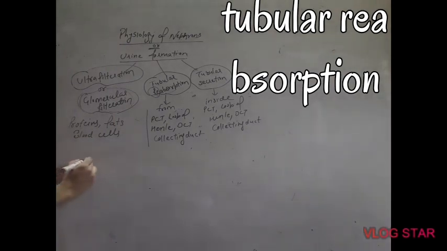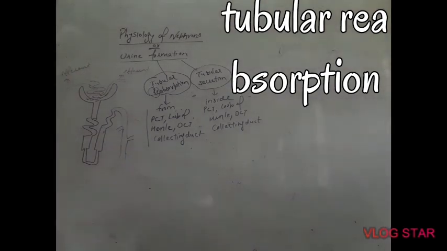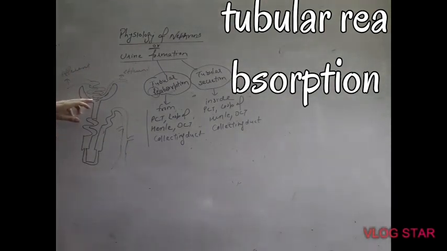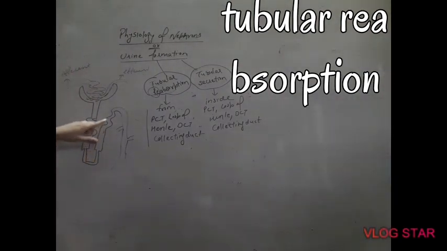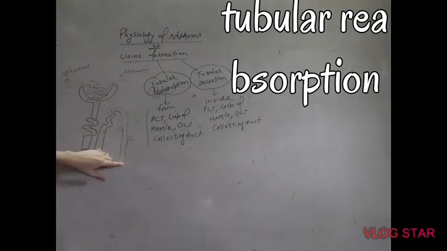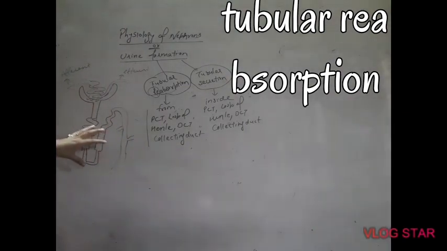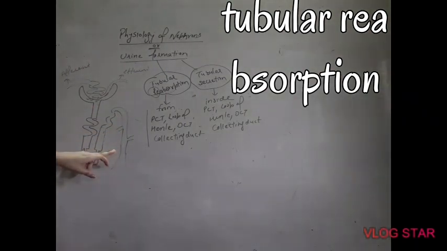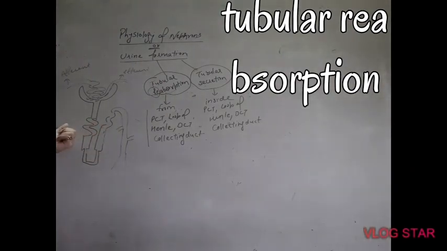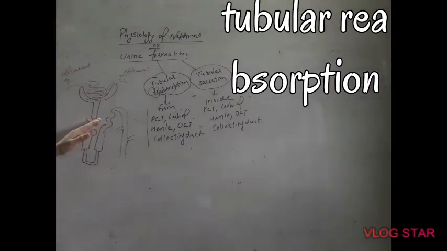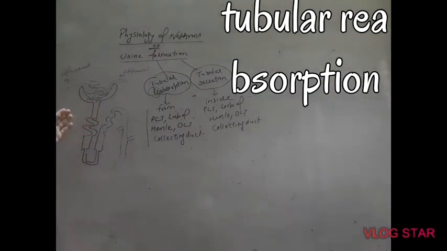The substances which enter from the Bowman capsule into PCT, loop of Henle, DCT and collecting duct, these all tubes include glomerular filtrate. So when glomerular filtrate moves through these parts, some part of the glomerular filtrate is reabsorbed in these tubes. From these tubes, the substances which are reabsorbed enter into the blood plasma.